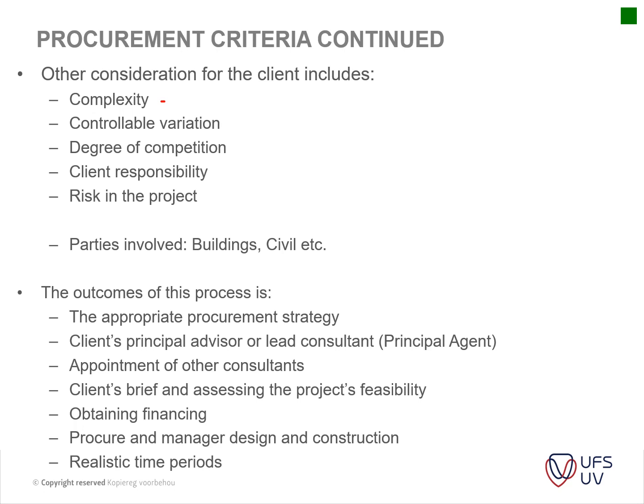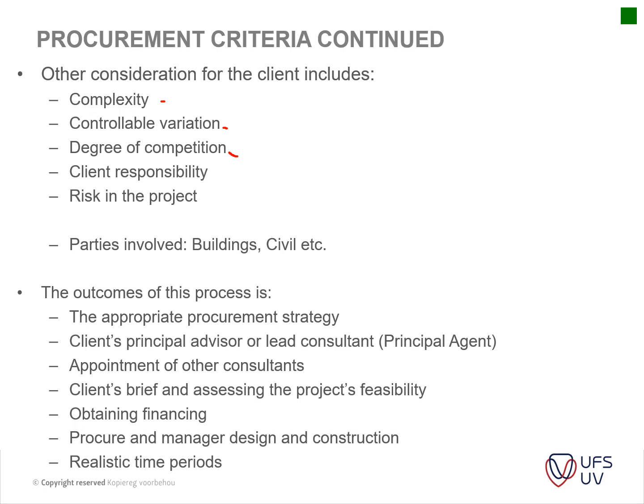And then you also consider the controllability of your variations. Is it a project where the client has quite a lot of funds and where he's not too strict on the budget? That will also depict what type of considerations you will look at. And then the degree of competition, how much competition is there.